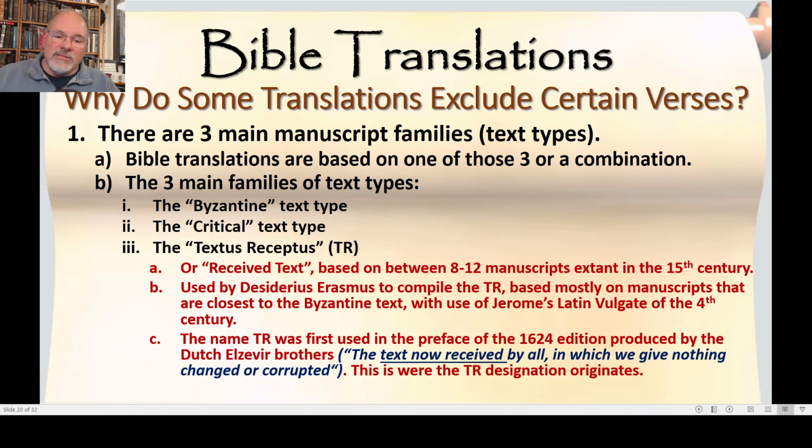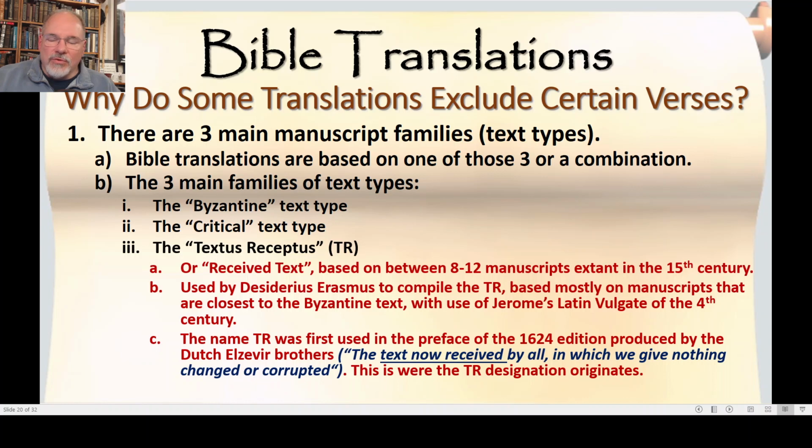But this is where the designation comes from. When they said the text now received, in Latin it's Textus Receptus, in English it's received text. So this is really what the King James was translated from.